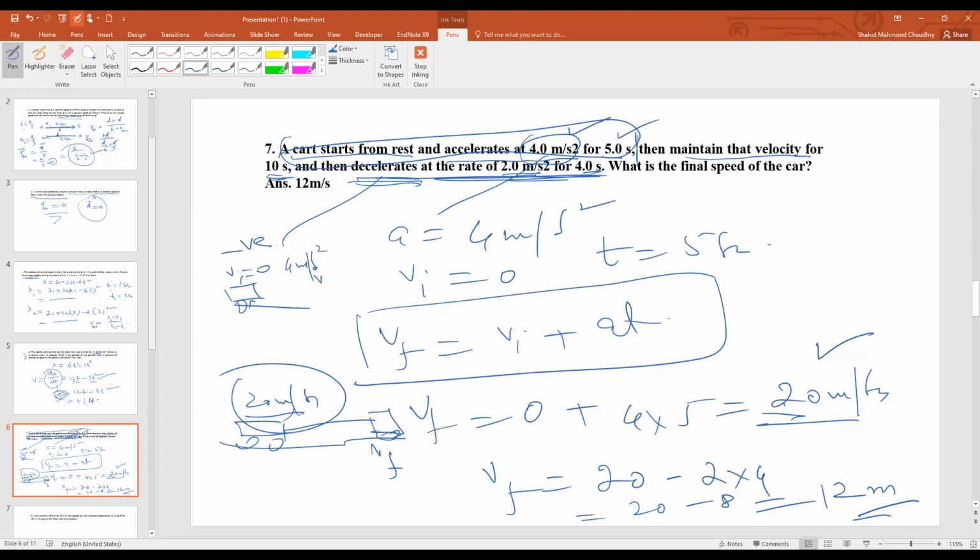So you find the final velocity in this situation, and it is 20 meters per second. Now it is moving with 20 meters per second. Then brakes are applied. When brakes are applied, it shows deceleration, meaning negative acceleration. So you need the final velocity. Now this velocity which you found here, the final, will become the initial, and the new final you will find like this one. This is what we want to ask.